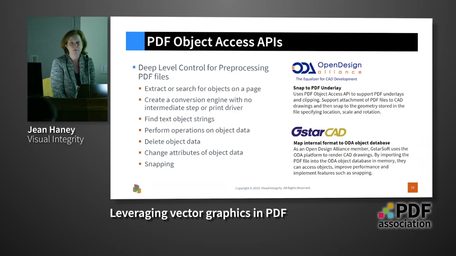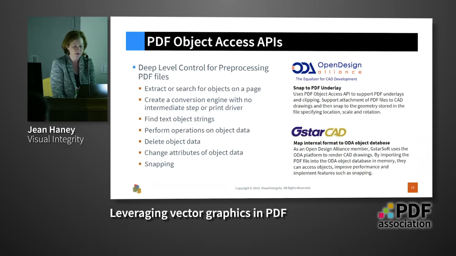You could perform operations on object data, like find it and replace it. You could delete object data. You could change attributes of the object data, and you can implement features like snapping. Two customers that use this type of API that I know of are the Open Design Alliance, which manages the DWF format that is outside of AutoCAD.